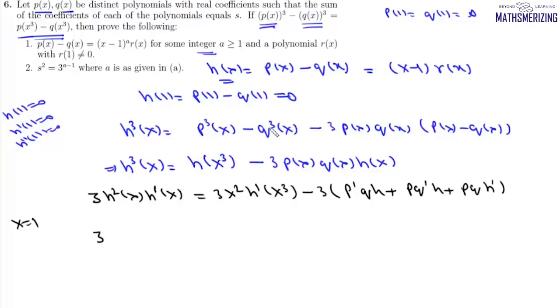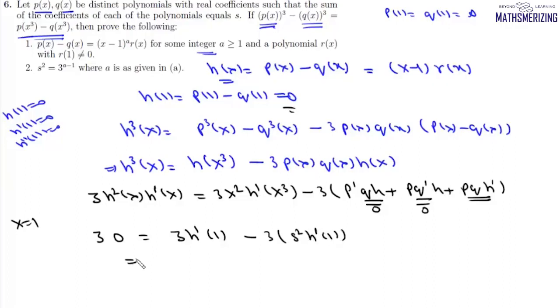Now H(1) is 0, so it'll be 0. Now here it will be 3 H dash 1, and here it will be 3 H(1), which will be 0, it will also be 0, and P(1) is s and Q(1) is s, so it will be simply s square into H dash 1.